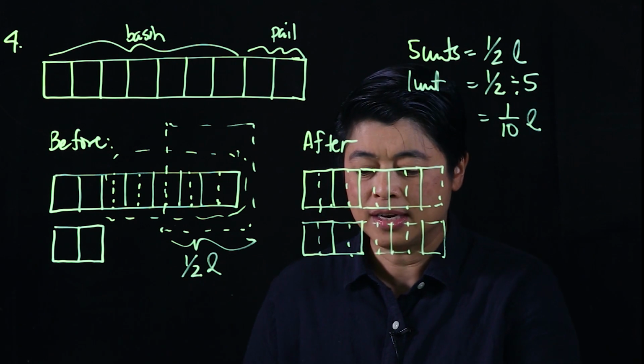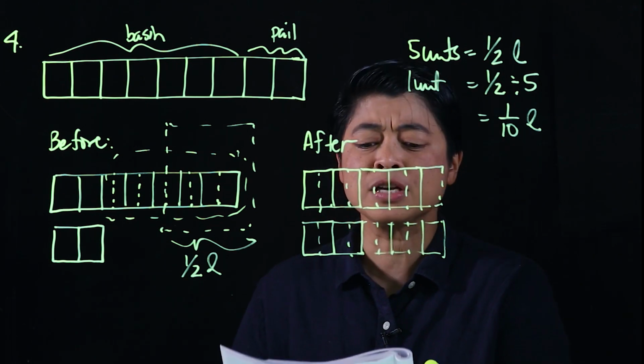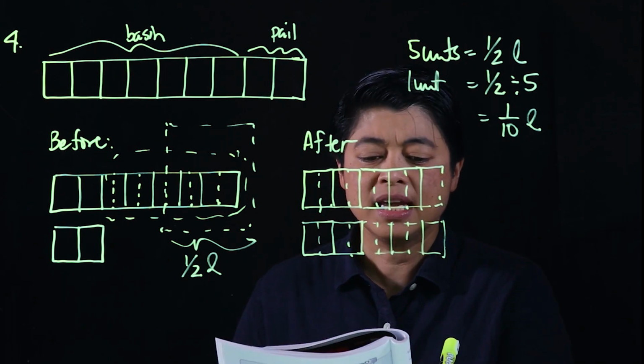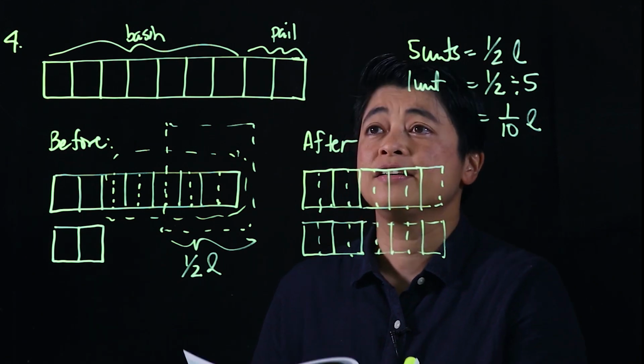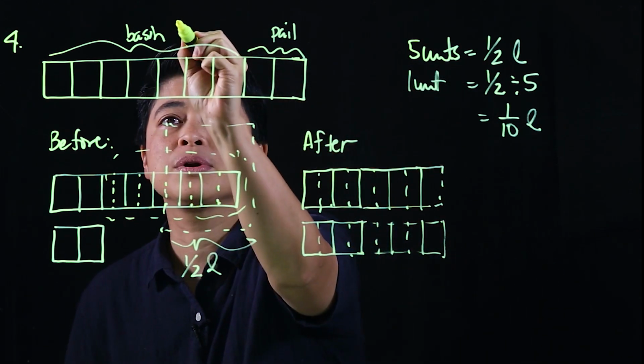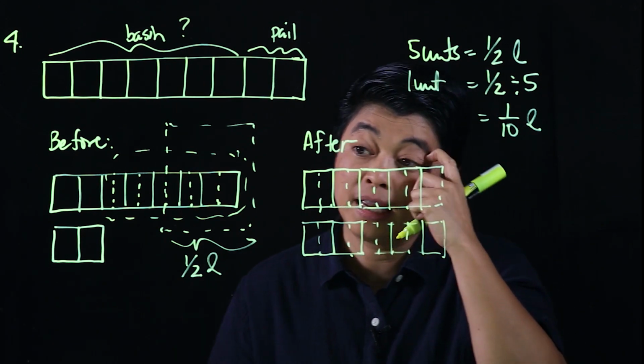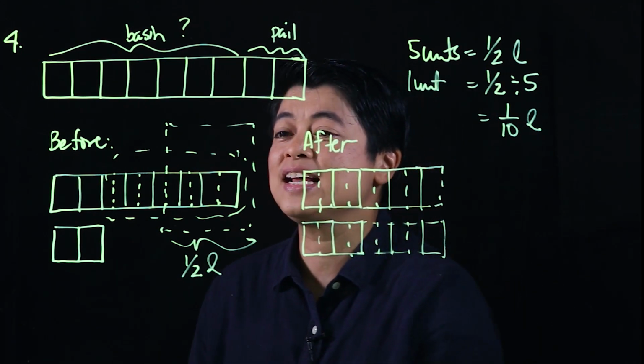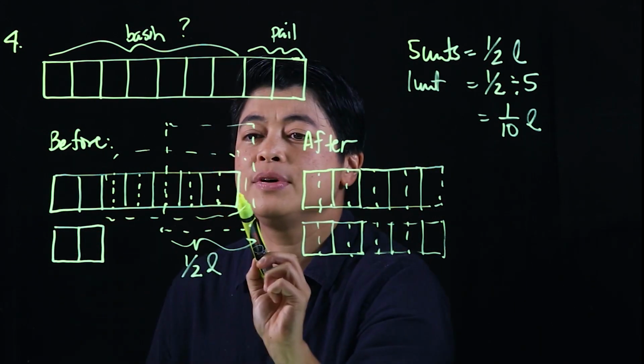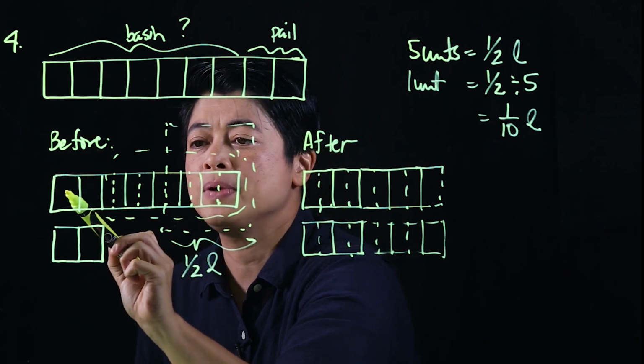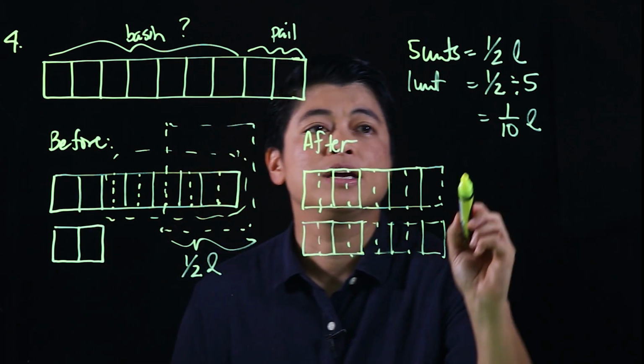Okay, the question says, how much water was poured into the basin at first? So this is what we're looking for, the basin. The basin is technically this originally, which means that's 10 plus 2 plus 2 is 14 units.